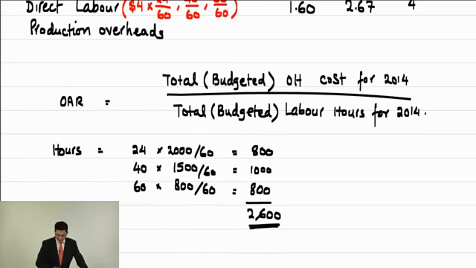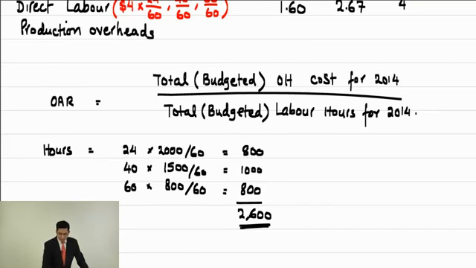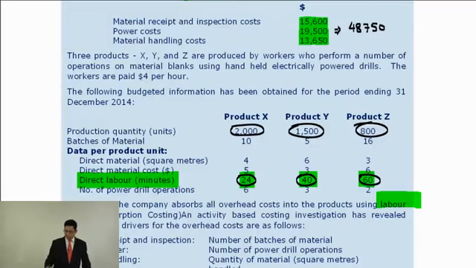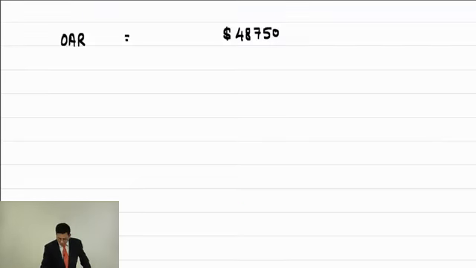Okay, now here is both information sorted out. So OAR will be like this: 48,750 total overheads, got it from the question, divided by 2,600 hours.